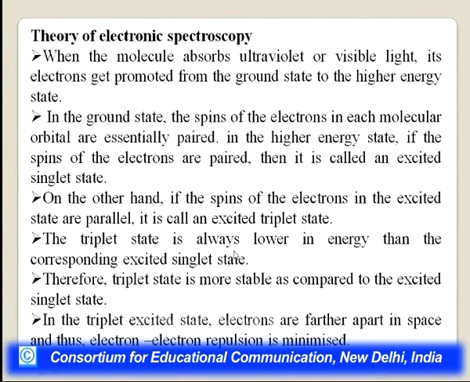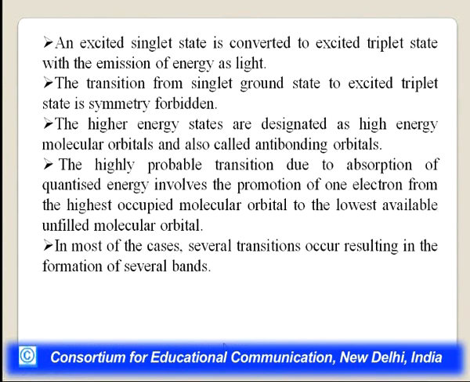Triplet state is always lower in energy. Why is it so? Because parallel electrons are there in the triplet state, while in the singlet state paired electrons are there. Therefore, the triplet state is more stable as compared to the excited singlet state. In the triplet excited state, electrons are further apart in space, and thus electron repulsion is minimized, giving lower energy.